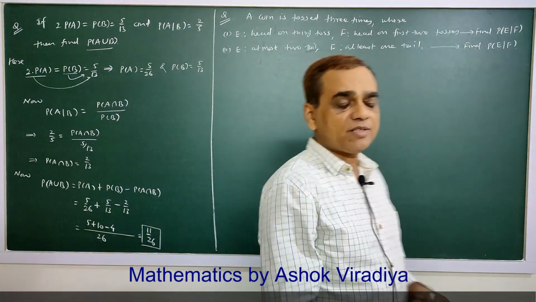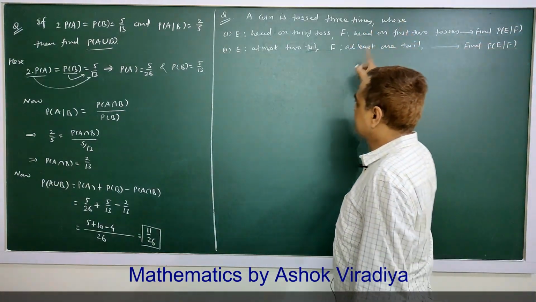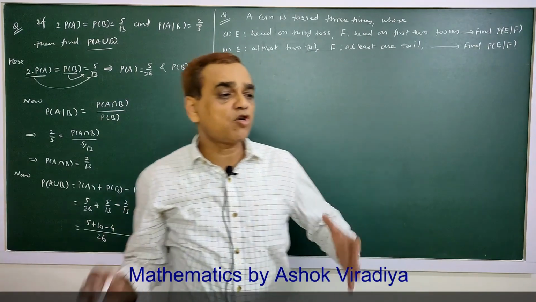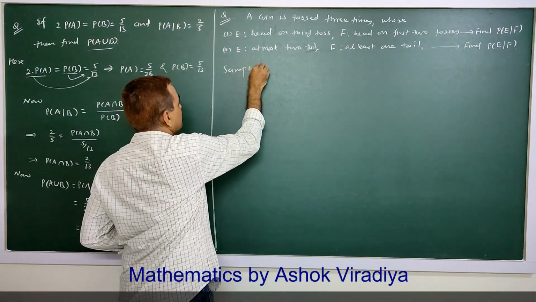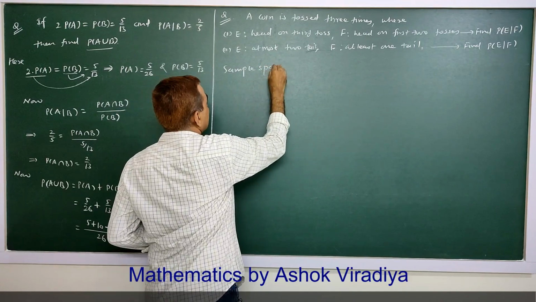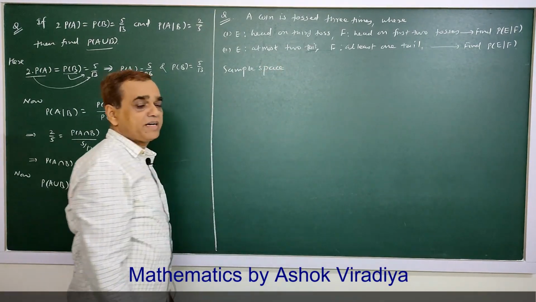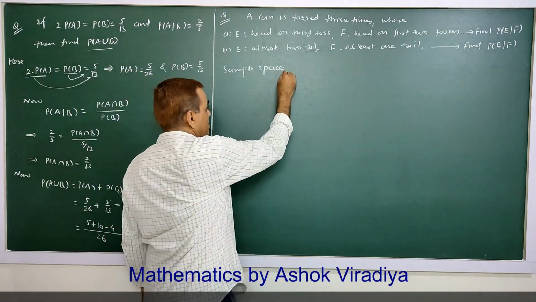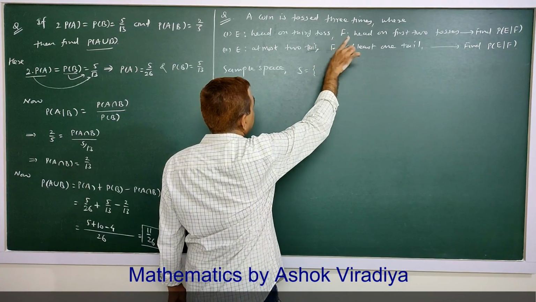Now say in this question, a coin is tossed 3 times. Coin is tossed 3 times. So sample space associated with this experiment is, sample space S is, it is 3 times.